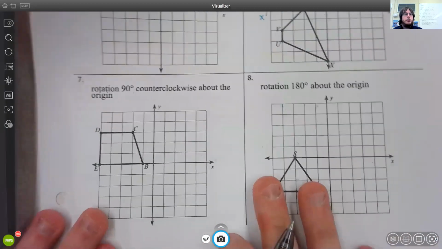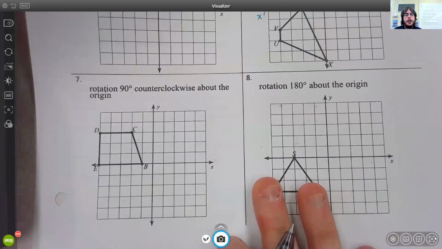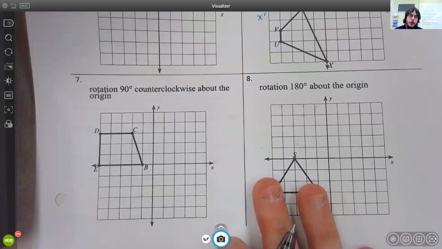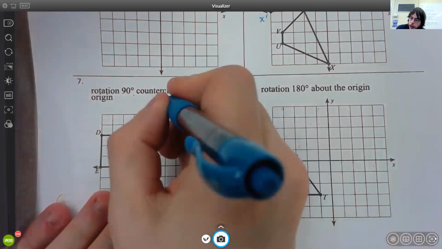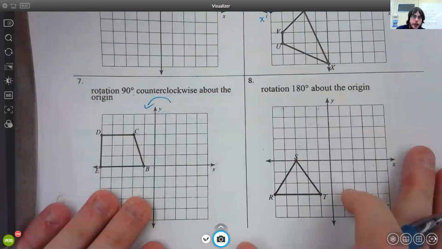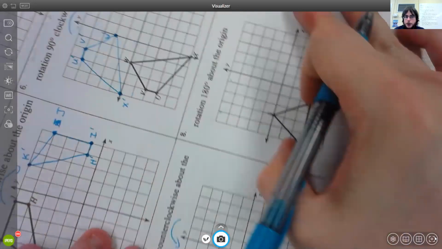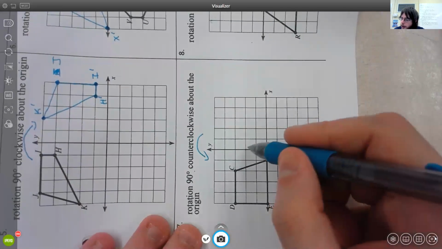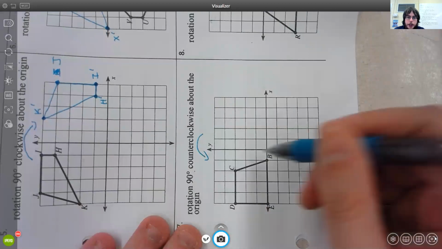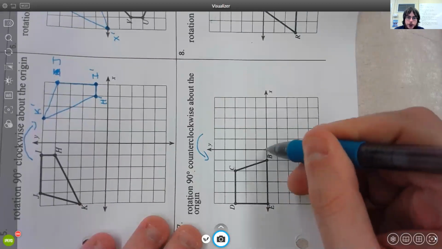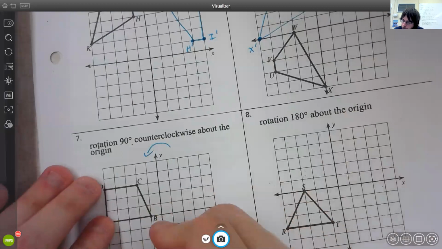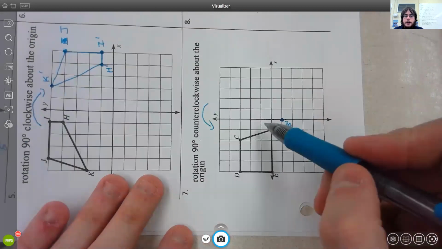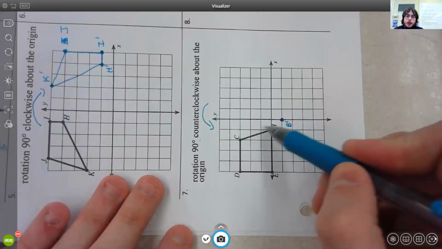Last two, number 7 says a rotation 90 degrees counterclockwise about the origin. So a 90-degree counterclockwise would be 1 turn of the paper to the left. So turning our paper to the left now, it's been a while since we've done that. B, you don't go any left or right, but you do go down 1, so it's 0, -1 for B prime. C, I guess I'll do next.